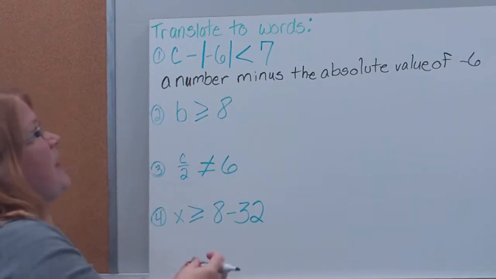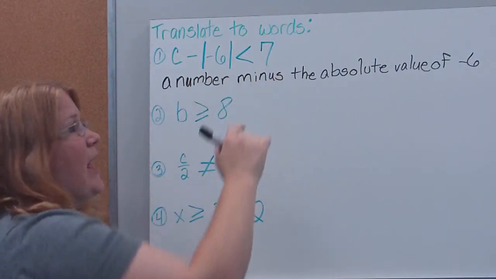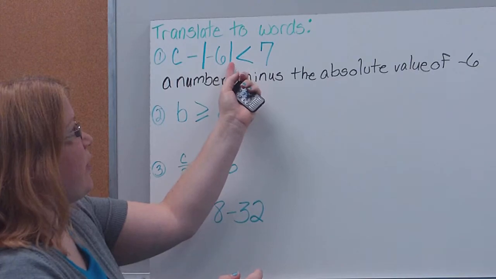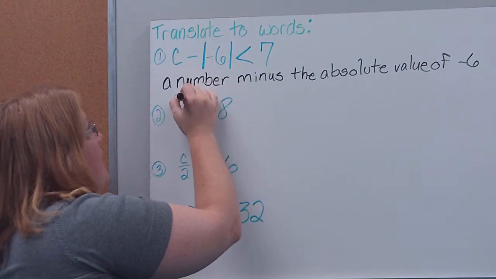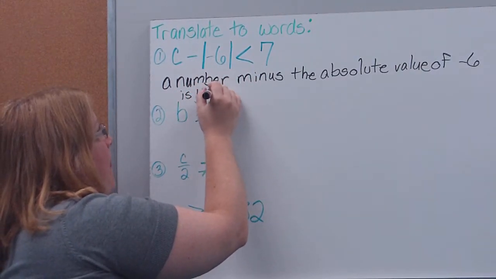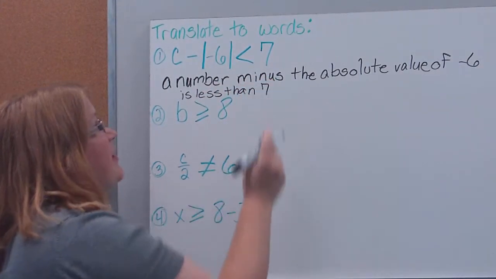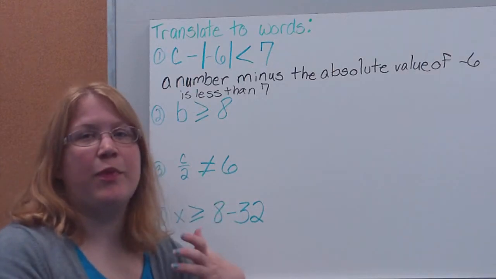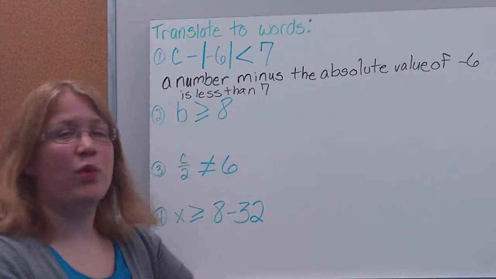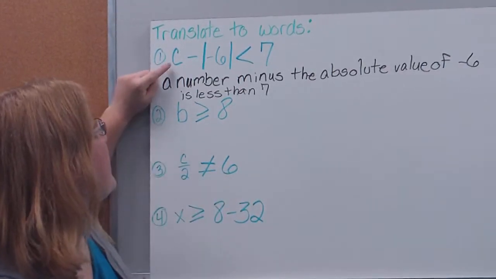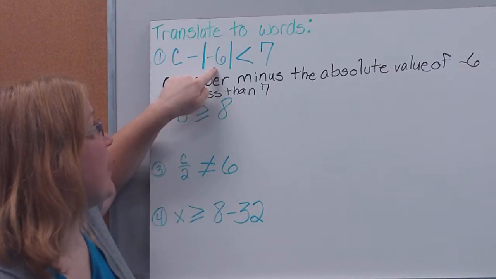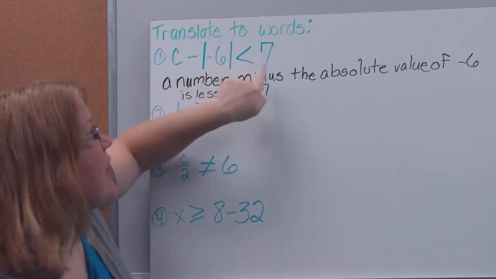We're not done yet. This sign is less than because this side is bigger. So basically we're reading this as a sentence, is less than seven. So basically, to put it into words, I'm just reading it out loud, and what I would say, those are the words. I would read this as C minus the absolute value of negative 6 is less than 7.